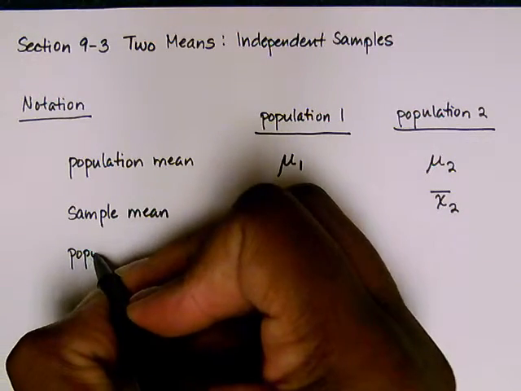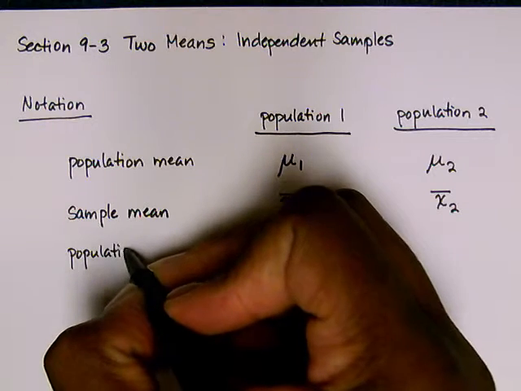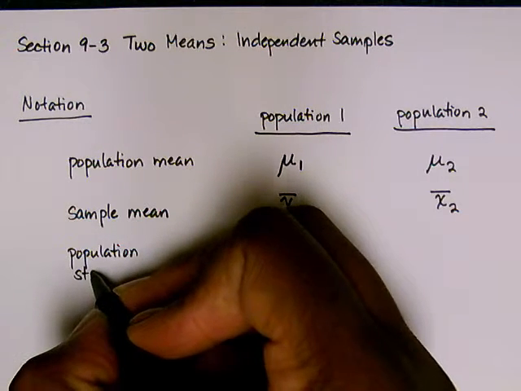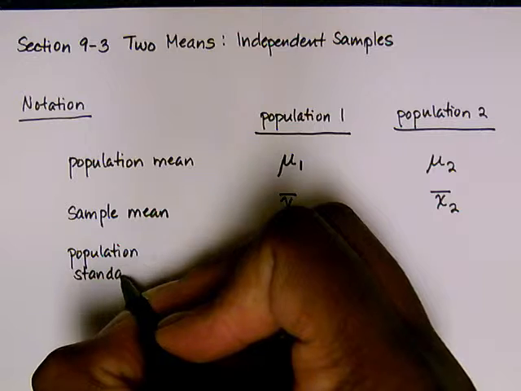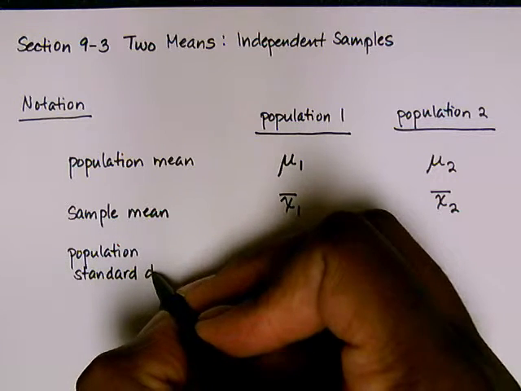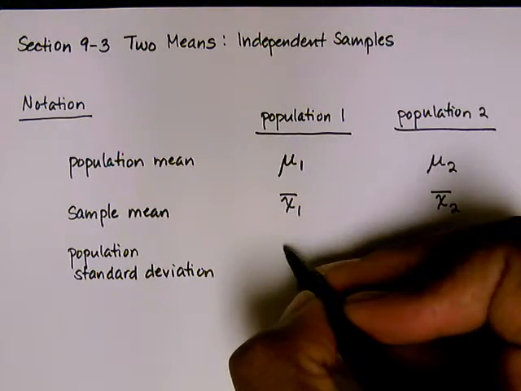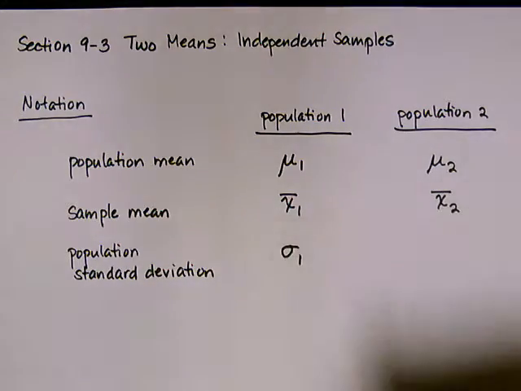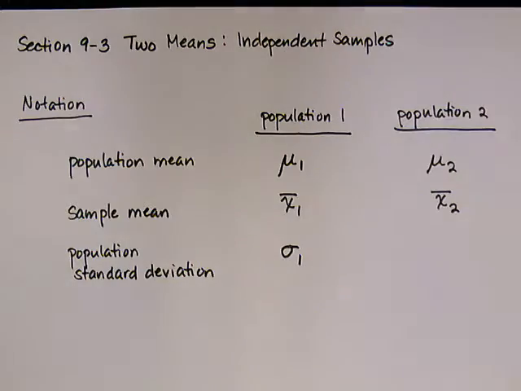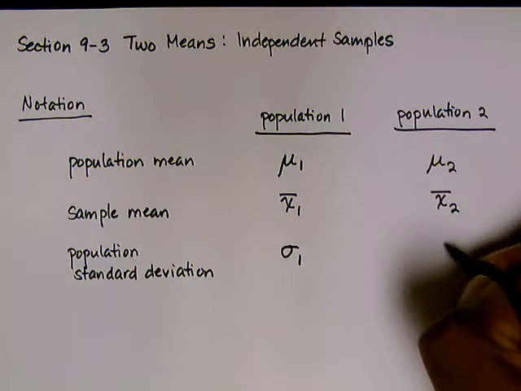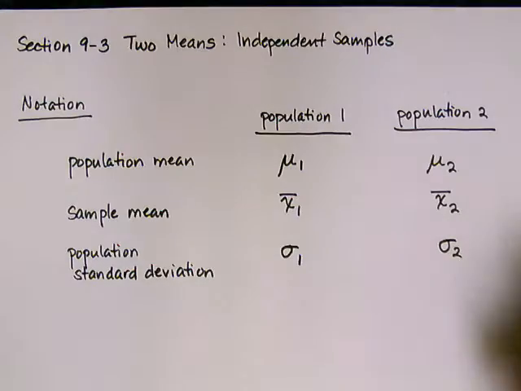Then you have your population standard deviation, which is denoted by the Greek letter sigma. So sigma sub 1 is the population standard deviation of the first population, and sigma sub 2 is the standard deviation of the second population.